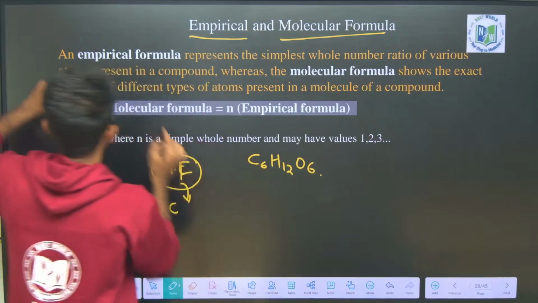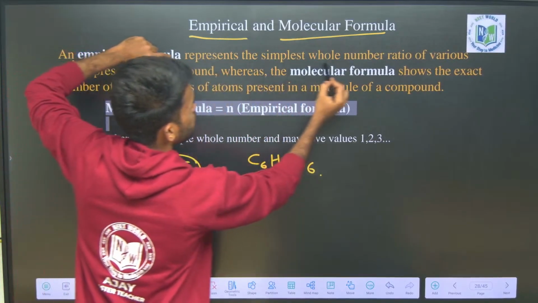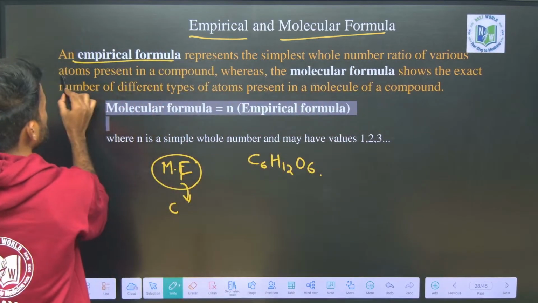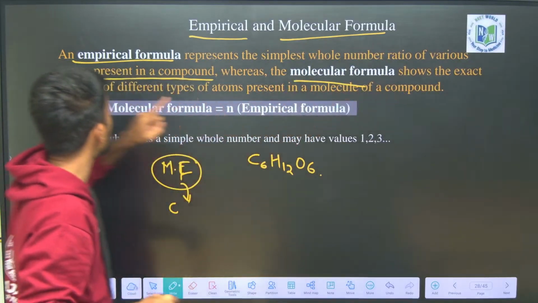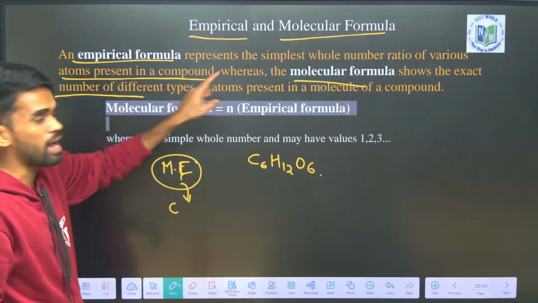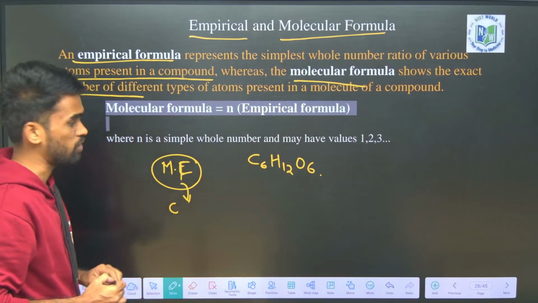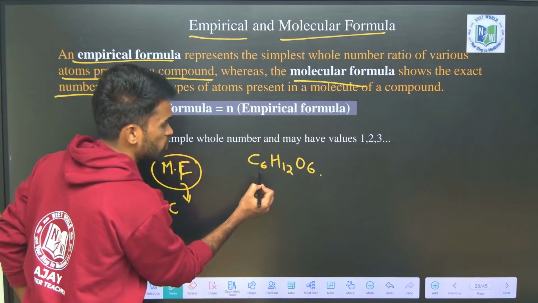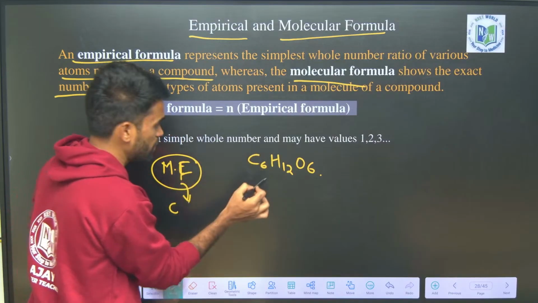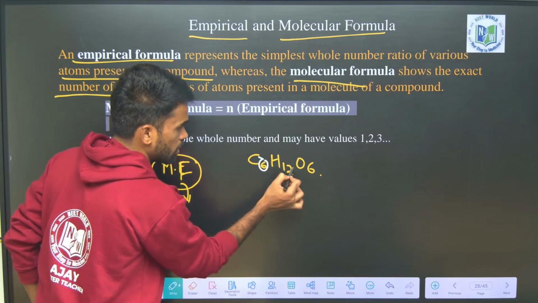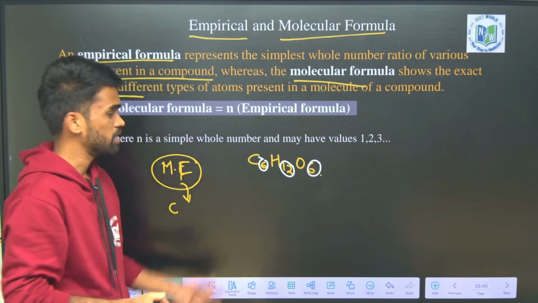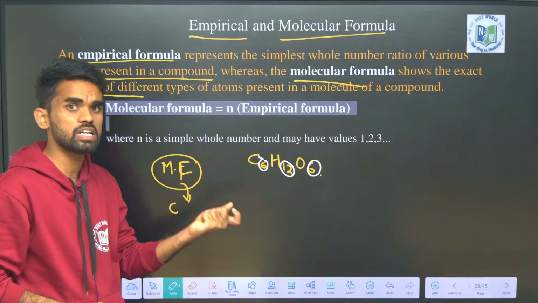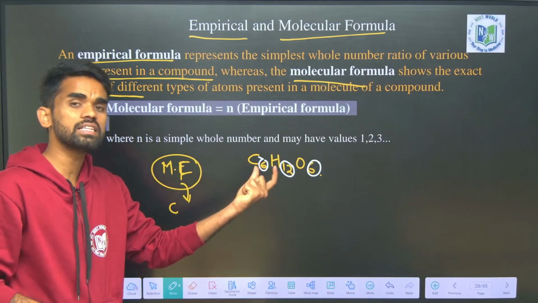So look at here, an empirical formula represents the simplest whole number ratio of various elements present in a compound, whereas molecular formula shows the exact number of different types of atoms present in a molecule of a compound. See, in this glucose formula, in this compound we have 6 carbon atoms, 12 hydrogen atoms and 6 oxygen atoms. This is the exact representation of each atom present in the given compound, right?